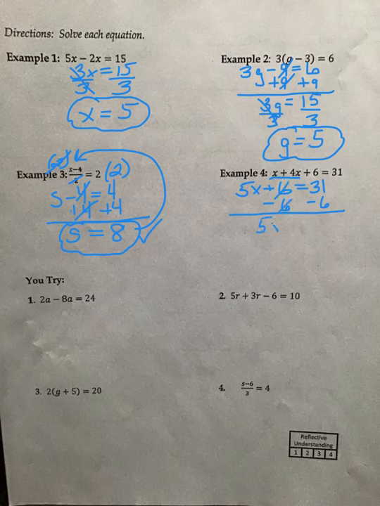And I end up with 5x equals 25. Divide by 5. And x equals 5.